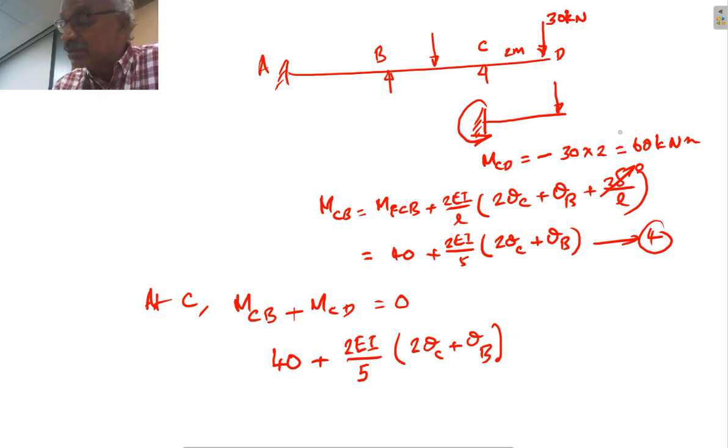MCD is minus 60 actually. So minus 60 equal to 0. So this is the equilibrium. So if this is known, all other procedures will be the same.